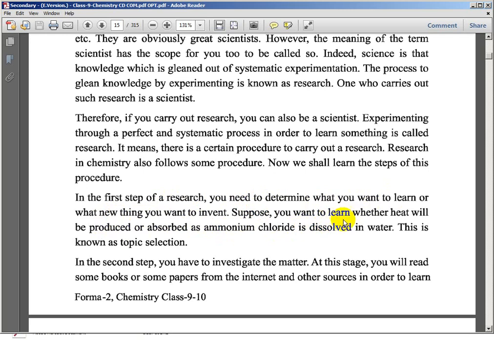Suppose you want to learn whether heat will be produced or absorbed as ammonium chloride is dissolved in water. This is known as topic selection. So first is topic selection.